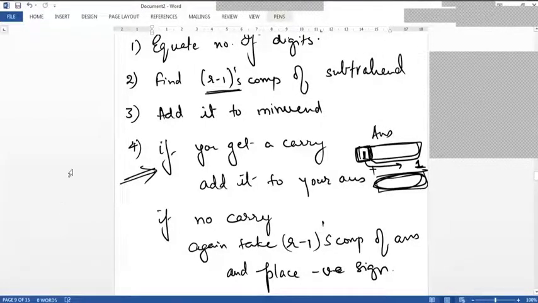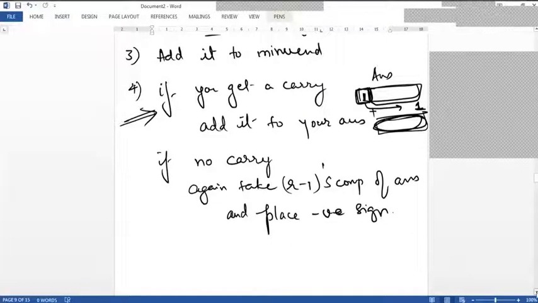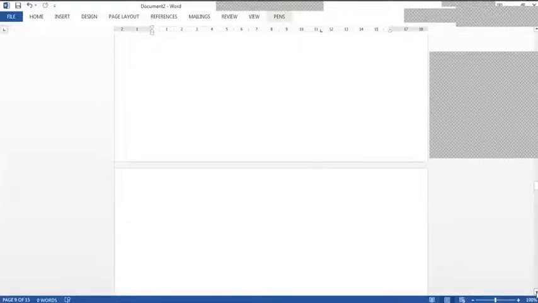Okay, everything else will remain the same. The only thing is instead of r's complement, you have to take r minus 1's complement. Shall we see the example? Did you understand the procedure? Everyone has disappeared. Be active. Please respond. Otherwise I feel like I am speaking alone.